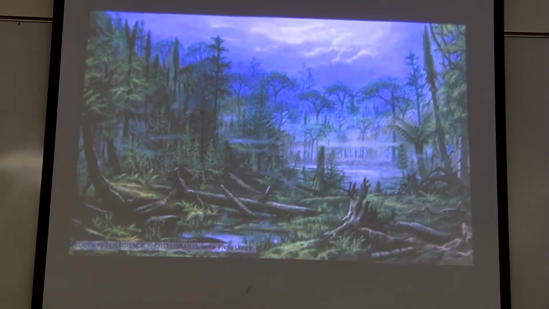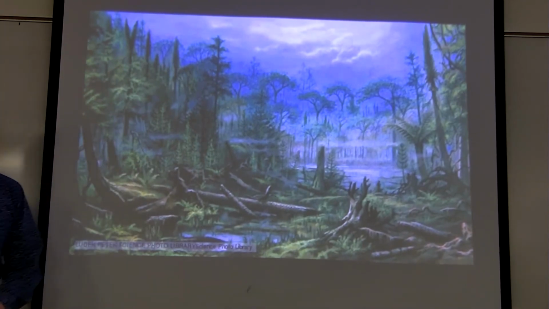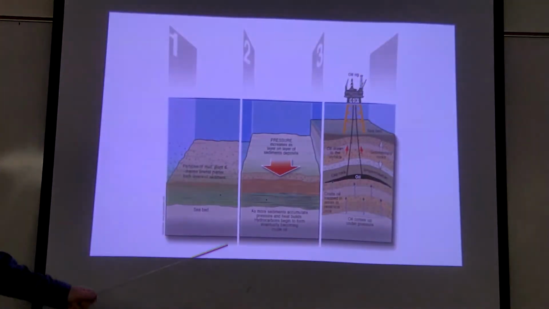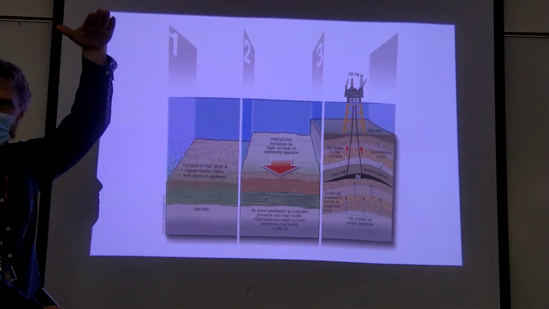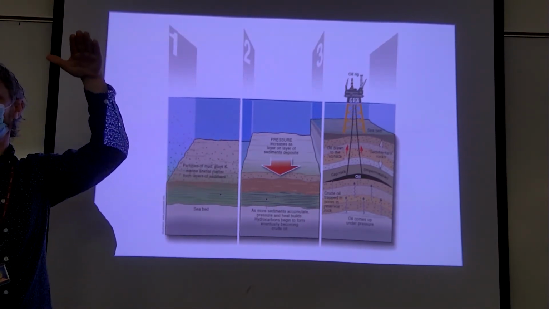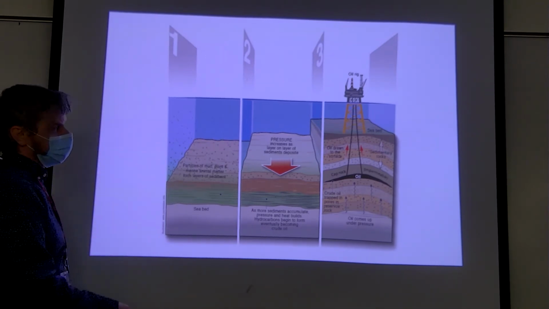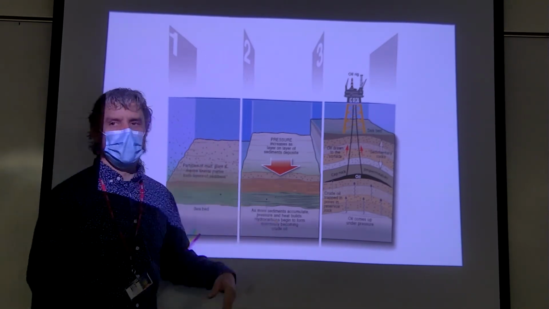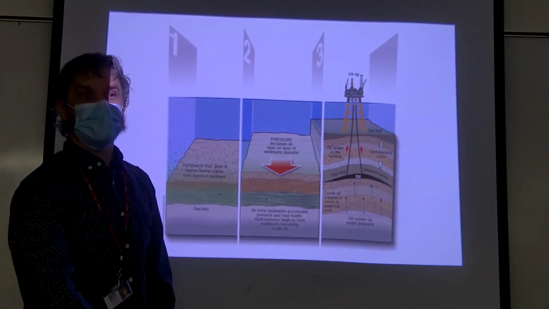Might get buried by different sands or silts, and eventually enough of that stuff can bury it so that the weight of the material ends up lithifying, or creating rock out of what was initially sand or silt or stuff like that. And then tectonics can cause those rock layers to move.